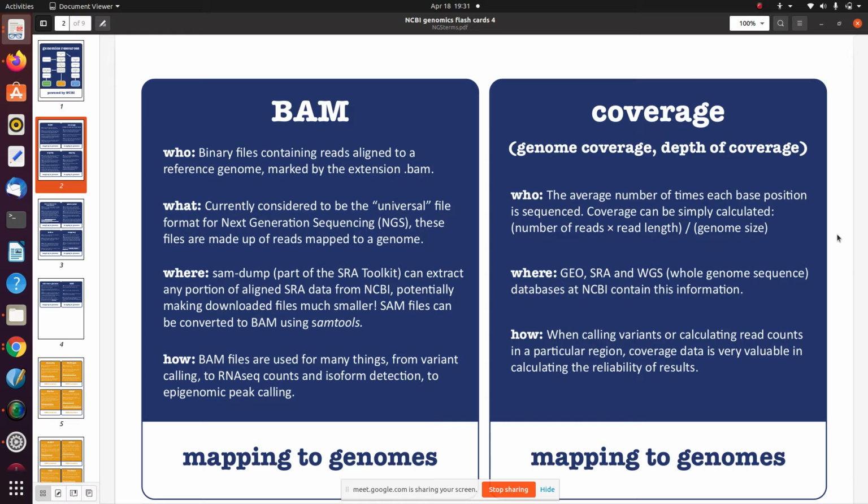Coverage can be simply calculated by number of reads times read length divided by genome size. SRA and WGS whole genome sequence databases at NCBI contain this information. When calling variants or calculating read counts in a particular region, coverage data is very valuable in calculating the reliability of it.